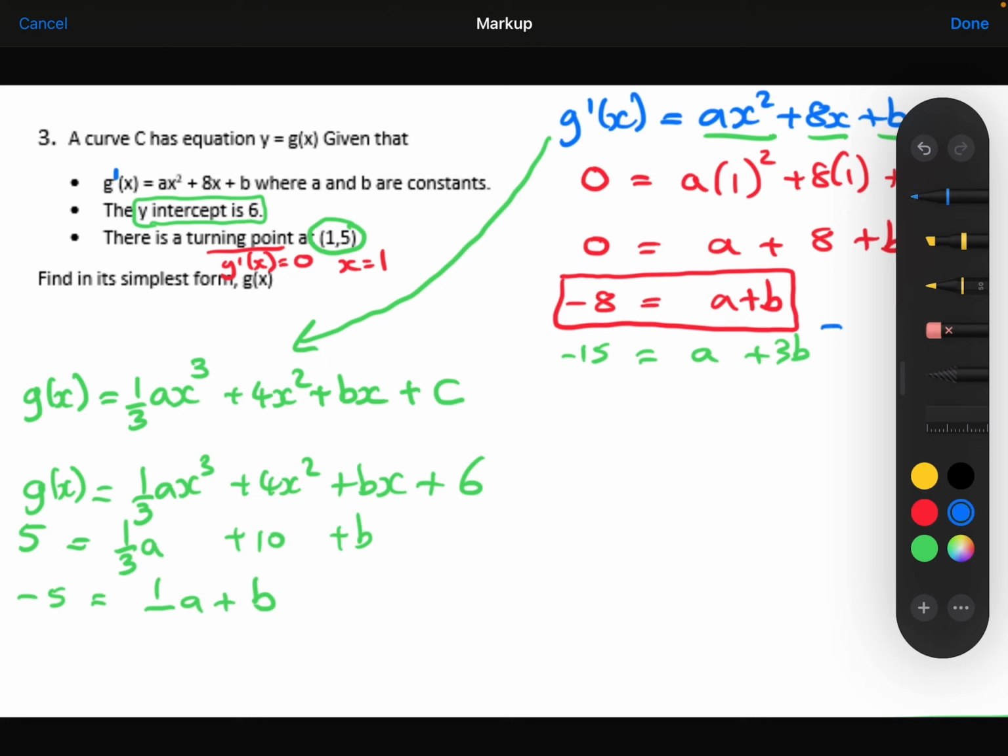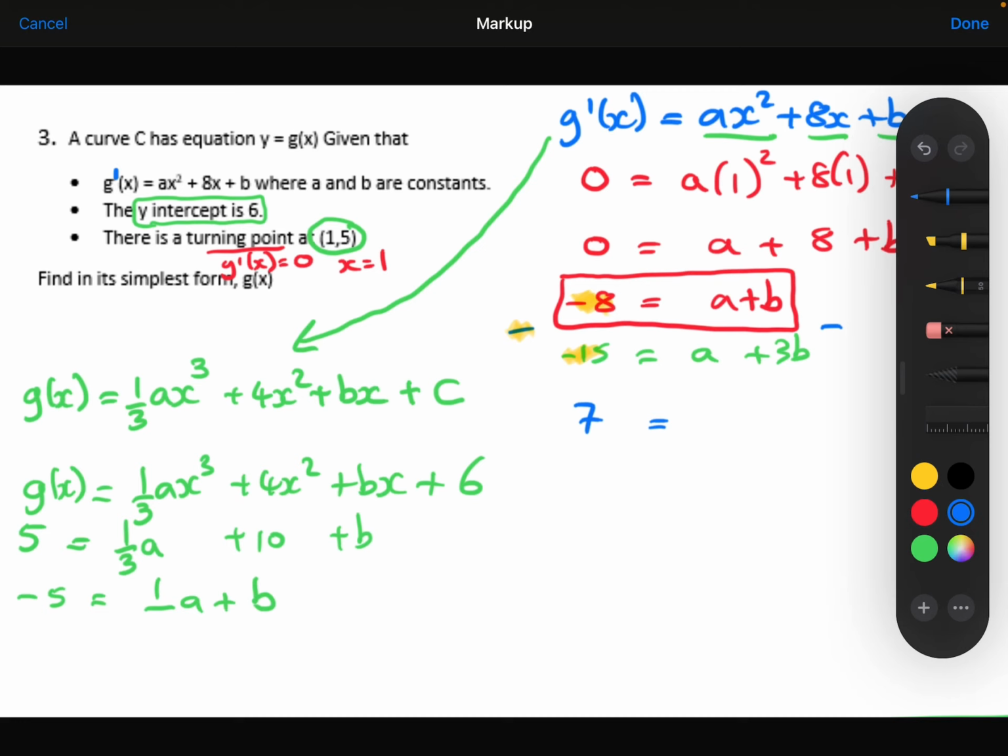If I subtract those equations from one another, the a's will be eliminated. The minus 8 minus minus 15, so minus 8 plus 15, is 7. The a, take away the a, it's gone.